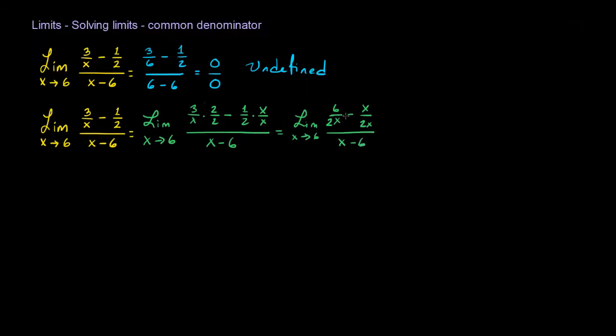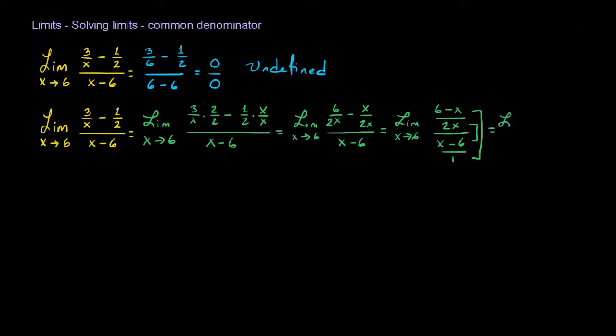Now that I have the same denominator in these two terms, I can proceed to subtract them directly. It's going to be 6 minus x over 2 times x, over x minus 6, and I'm going to write a 1 below just to make it clear that I'm going to apply the sandwich rule here.